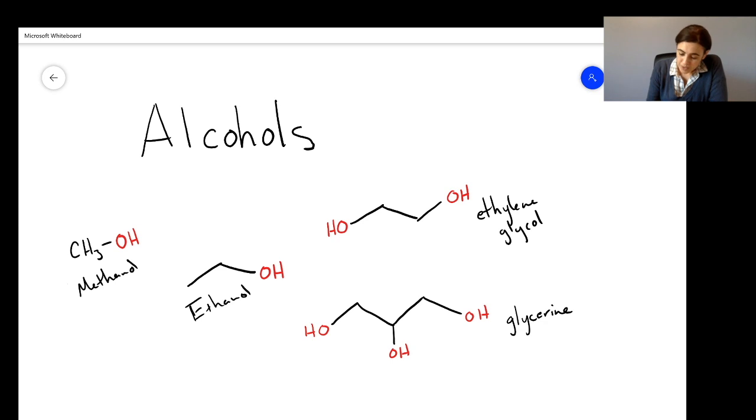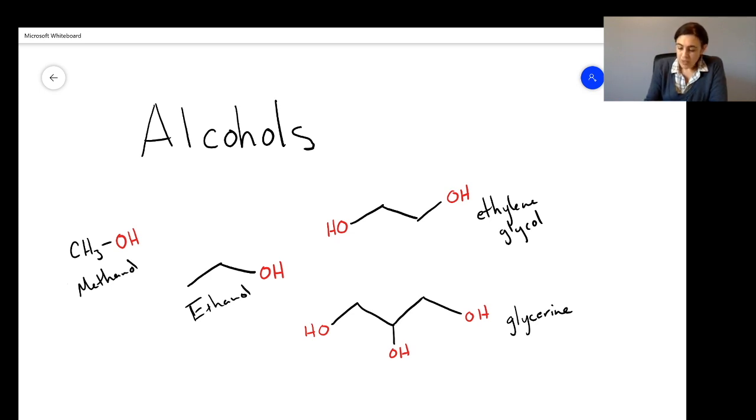So if we change the structure by adding an OH group to the second carbon, we end up at ethylene glycol. So this is a diol. This is also commonly referred to as antifreeze and is again poisonous to consume. So just adding an OH group to our ethanol changes the function and the toxicity of the compound.